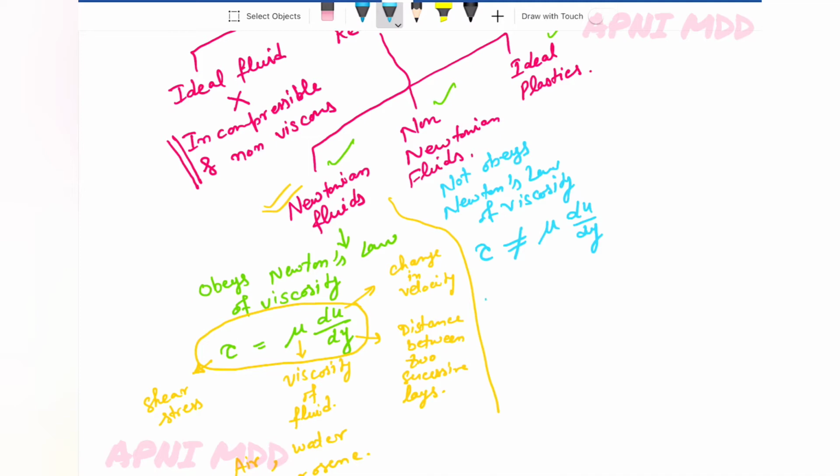So that relation we can write as tau equal to k times du by dy raised to power n.